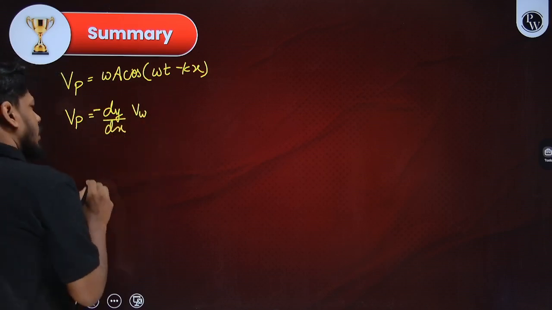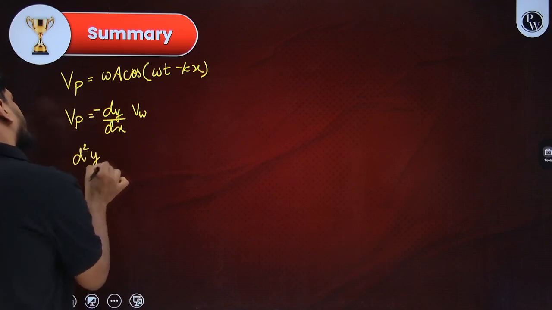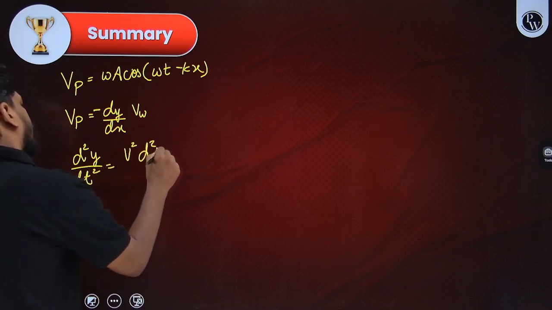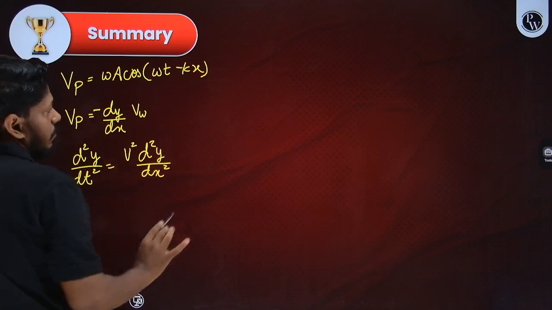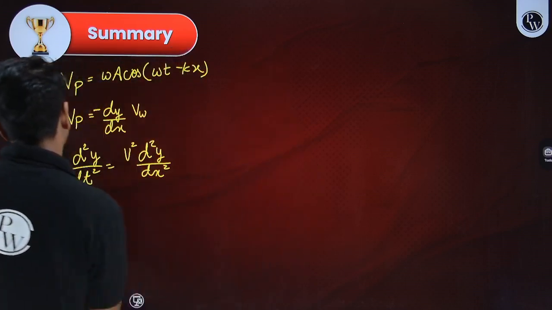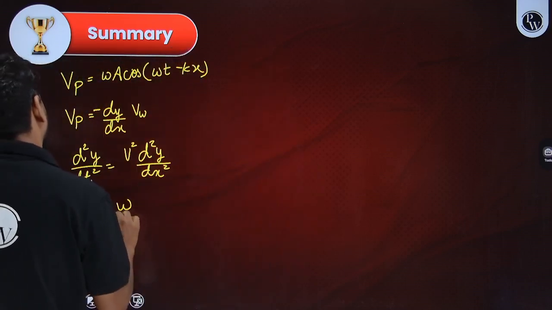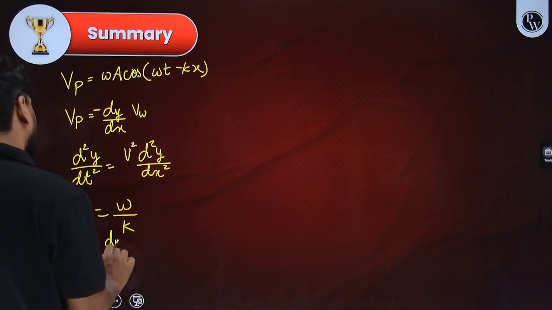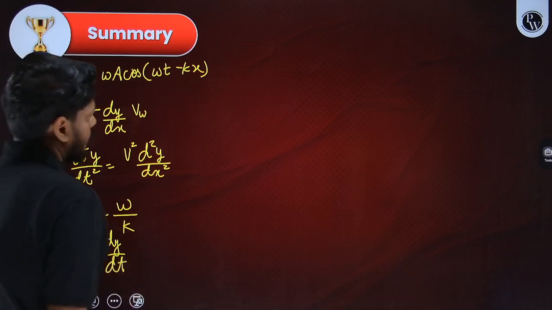This we saw. Then we saw the wave equation. Then we saw velocity of wave can be given as omega divided by k. Velocity of particle is nothing but displacement of particle with respect to time.